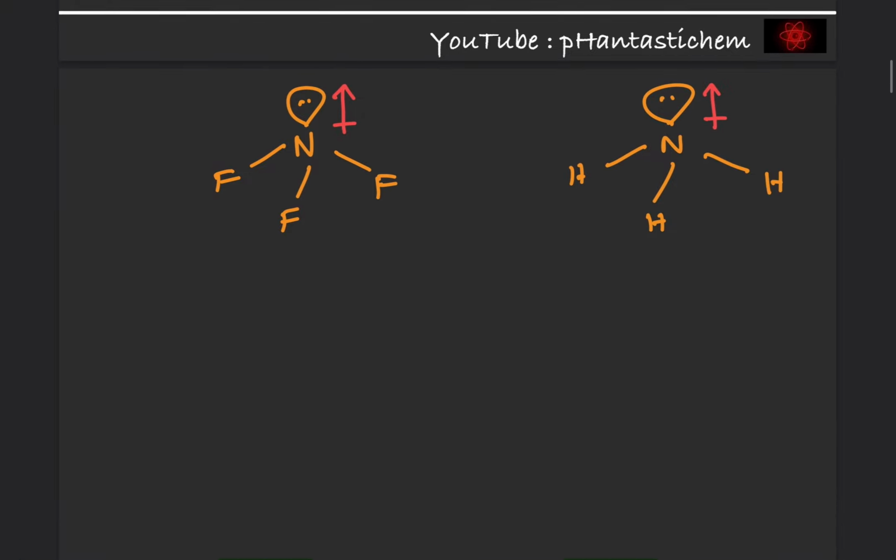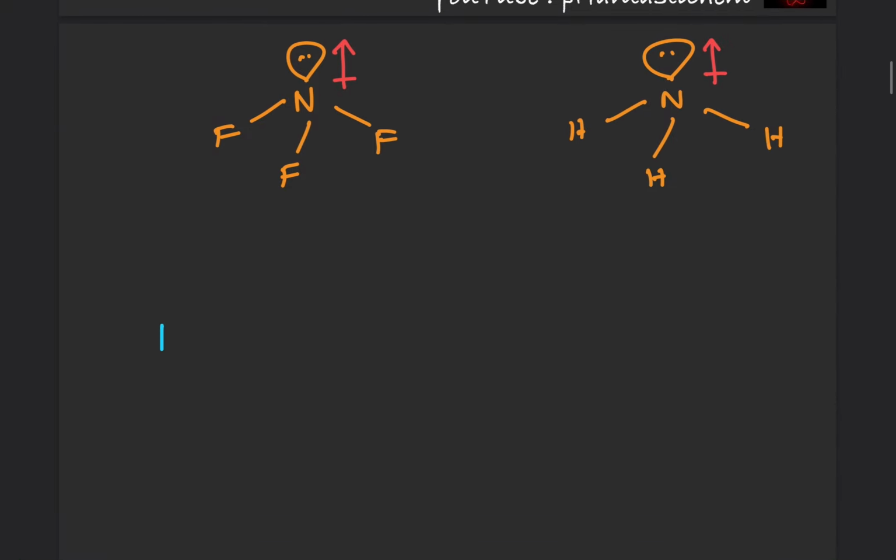Fluorine is more electronegative than nitrogen, because the electronegativity of fluorine is 4, for nitrogen it is 3. So the dipole moment of NF bonds, that is these bonds, has direction from N to F. So they will be shown like this, as fluorine is more electronegative.